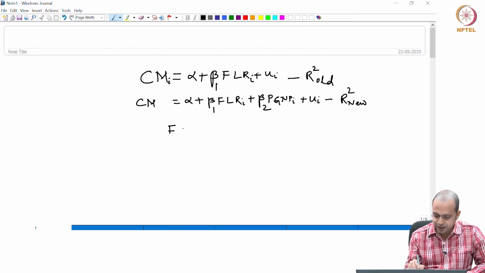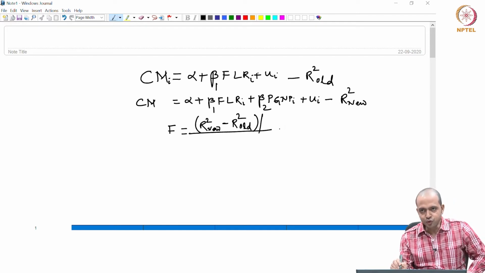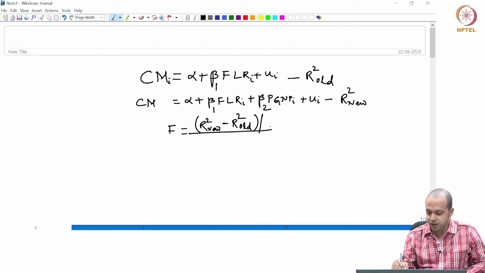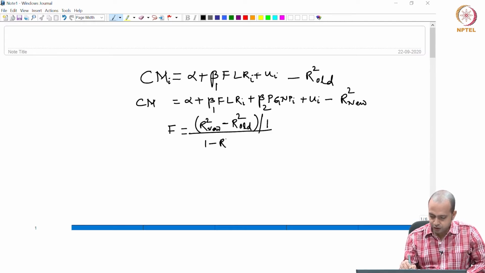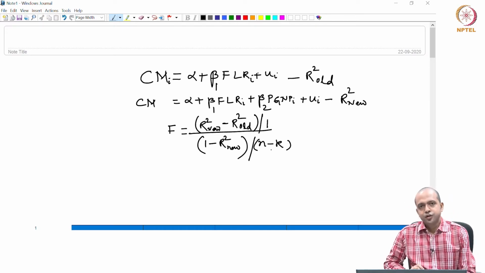We define F statistic as R square new minus R square old, divided by the number of new explanatory variables added in the model, which is 1 here, divided by 1 minus R square new, divided by n minus k, where k is the total number of parameters to be estimated in the new model, right.